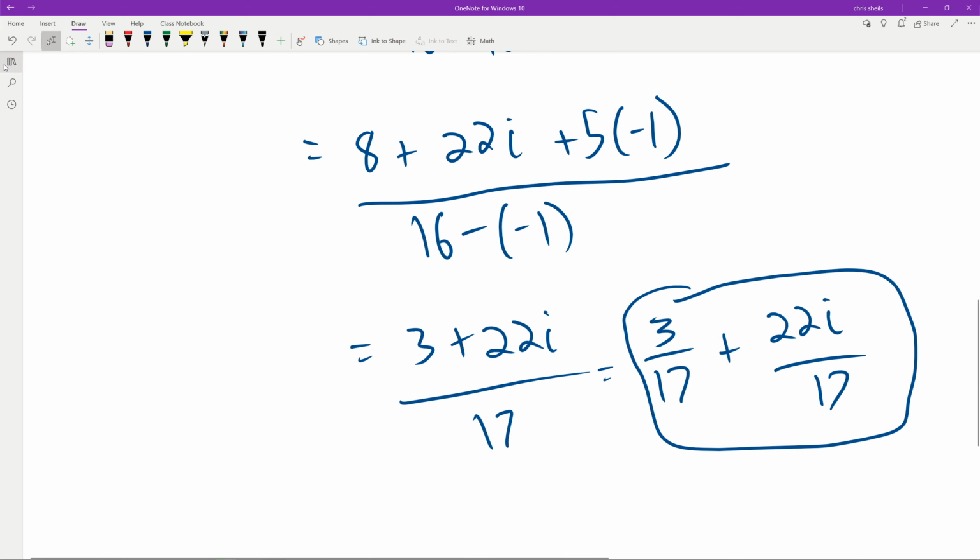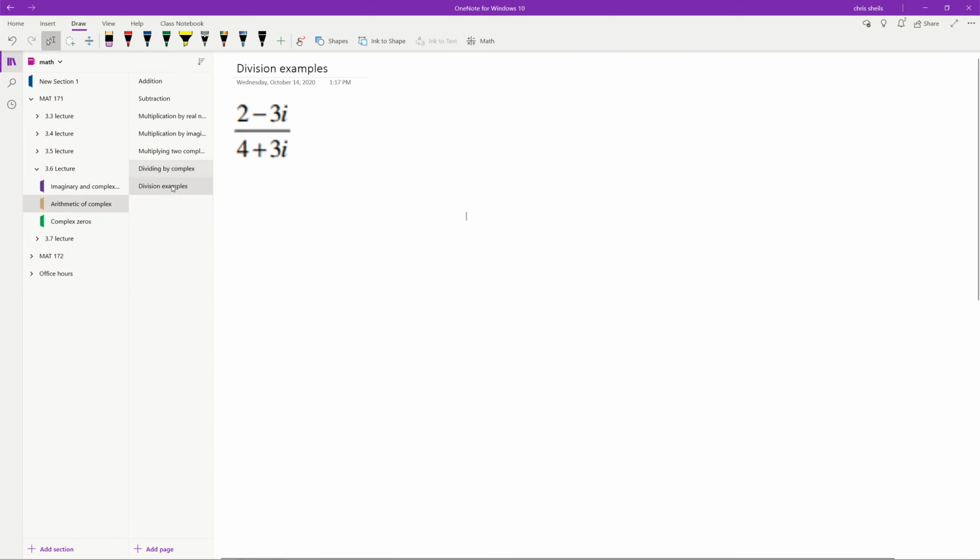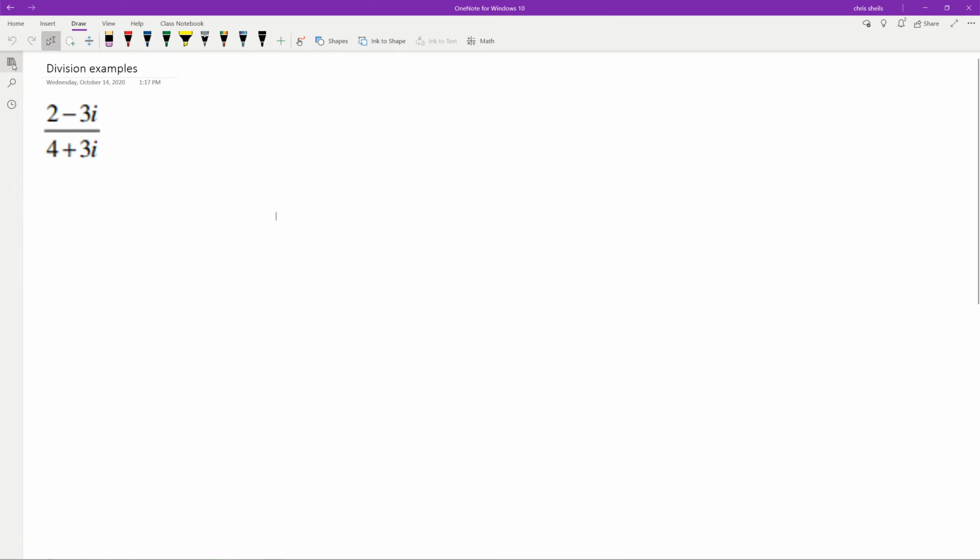Let's look at some more examples. I have 2 more. So here, I want to multiply by the complex conjugate of this denominator, which is going to be 4 minus 3i. So multiply top and bottom by 4 minus 3i.